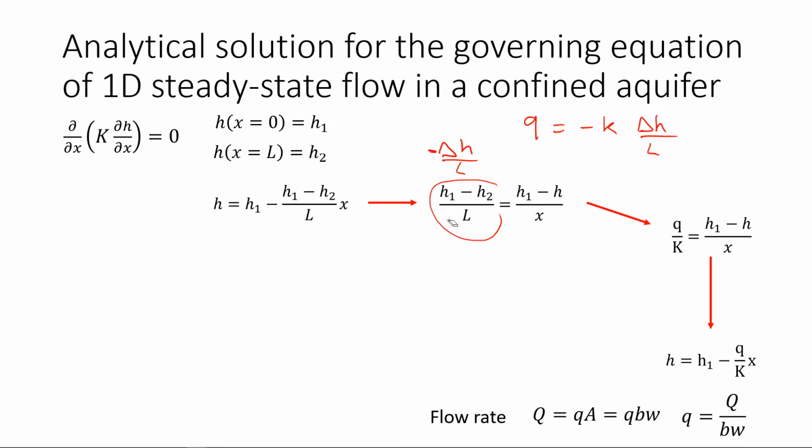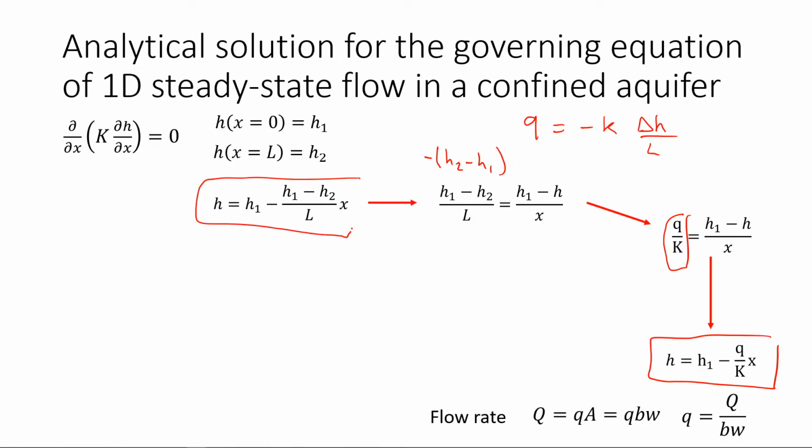Let me write it this way: H2 minus H1, and this would be negative. So negative this gives you this. Now I can write it in this form and rearrange my terms. This is a similar solution to the previous one, but here it's not a function of k.